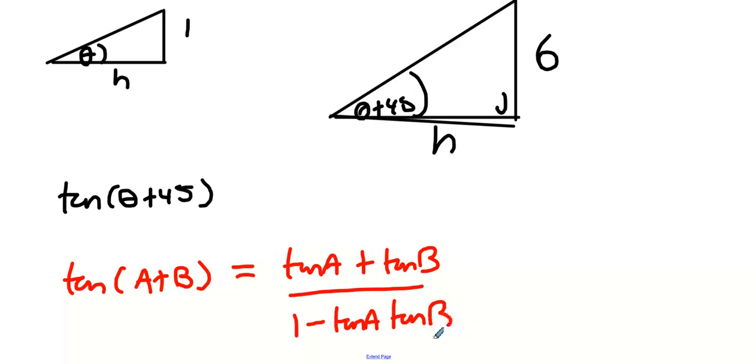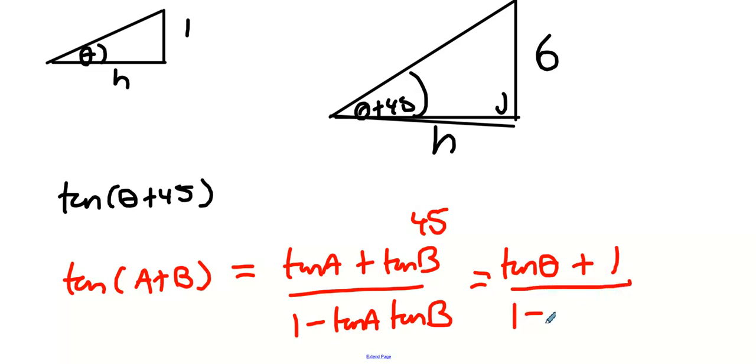What would be a good first choice to do here? What should I replace A with? Replace A with theta. So tan theta. Replace B with 45, and tan 45 is 1. And then that's just tan theta times 1.